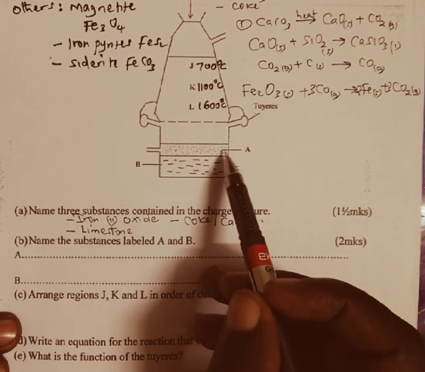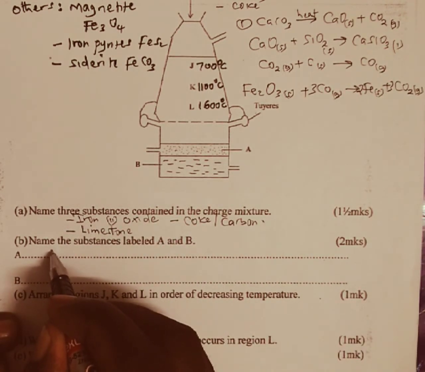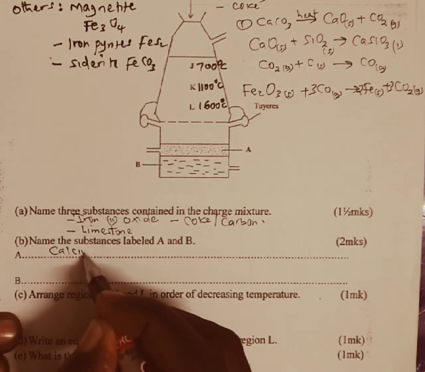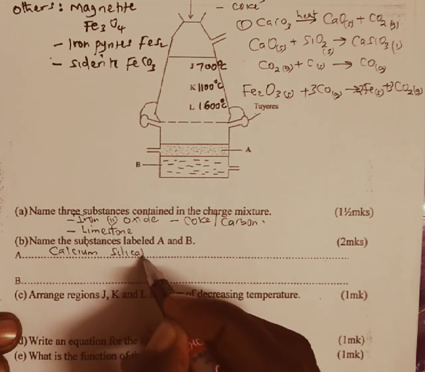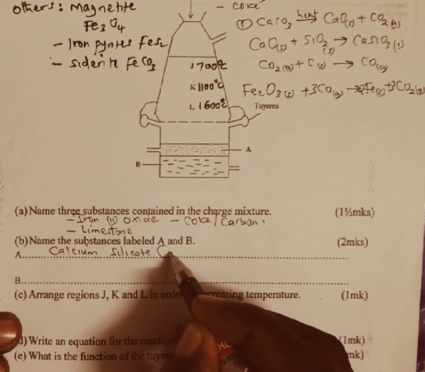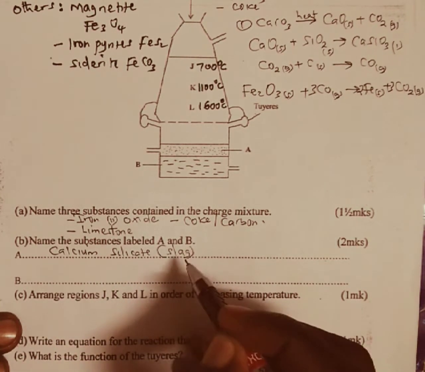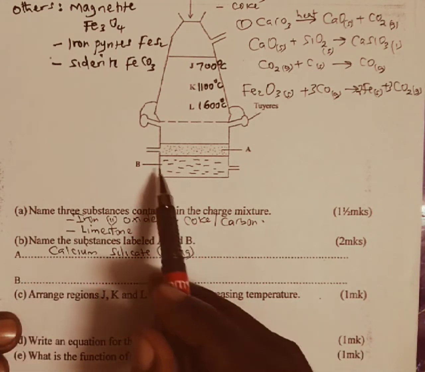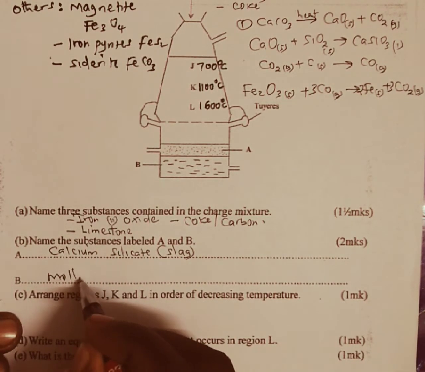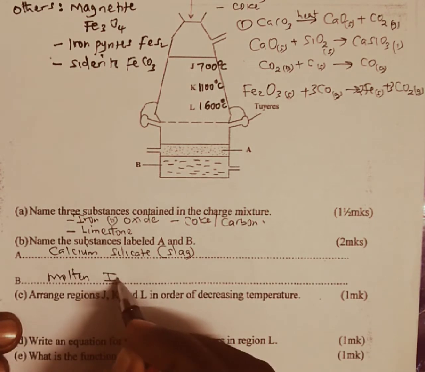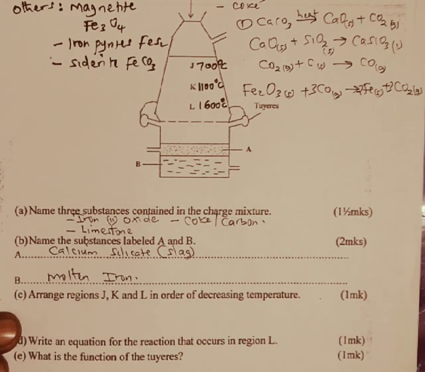So substance A is calcium silicate, which is commonly known as slag. Then B is molten iron.